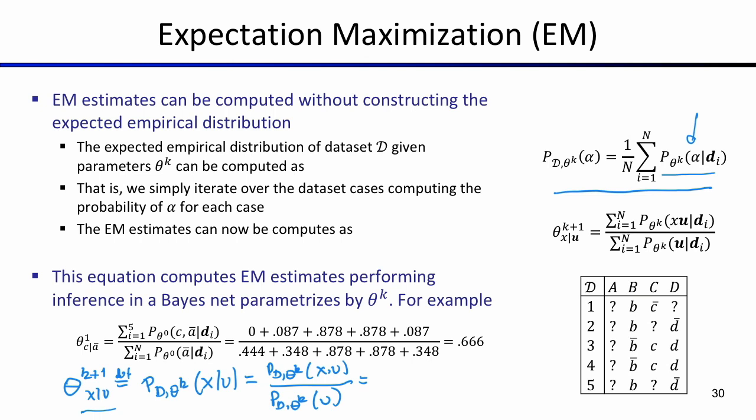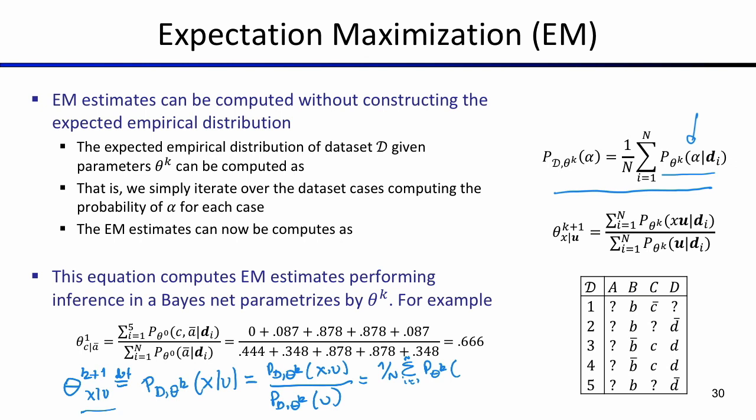So what we can do is just take this equation here, that's 1 over n, the sum over all the cases, i equal 1 to n, of the probability of the instantiation alpha given di.